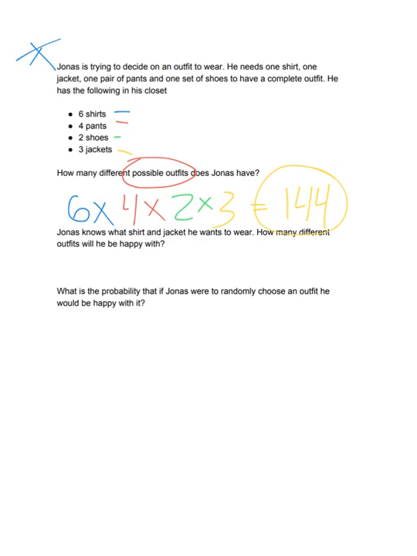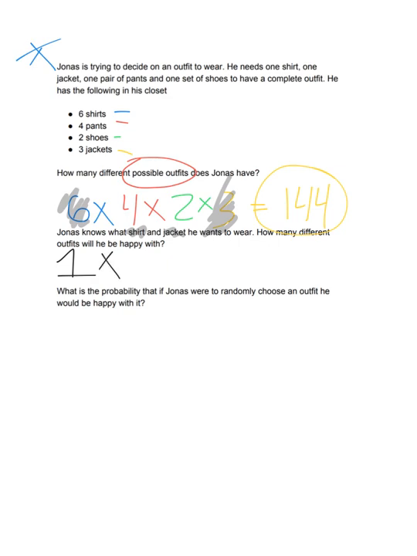The next question asked us, if he knows what shirt and jacket he wants to wear, how many different outfits will he be happy with? So now he knows what shirt and what jacket he wants to wear. If he knows what shirt he wants to wear, he no longer has 6 options, he has 1 option, that shirt.